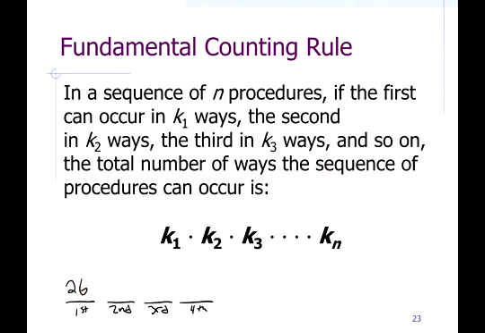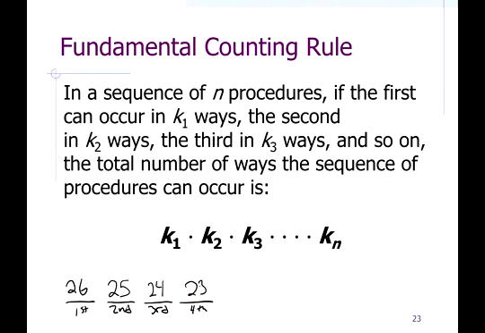Now, let's say, for example, in this password, you are not allowed to repeat letters. Well, you're picking 1 letter for the first, then there would be 25 letters left to choose for the second position in your password. And once you have 2 letters chosen, there's 24 letters left. And if 3 letters chosen, there's 23 letters left.